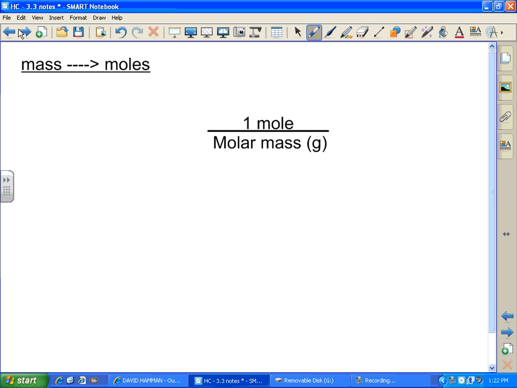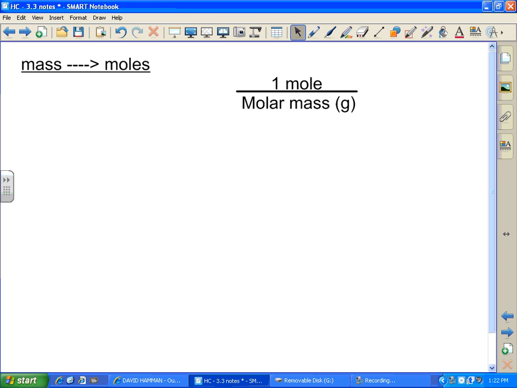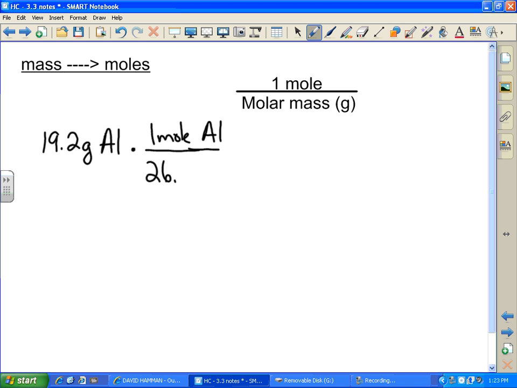One calculation then, going in the opposite direction. Now we're going to go from mass back to moles. So what do we have here? Let's say we start out with 19.2 grams of aluminum. Multiply by our conversion factor to go from mass to moles. So now we need to go to moles. Our molar mass is set up so that 1 mole of aluminum is equal to its molar mass. So we flip the conversion factor.